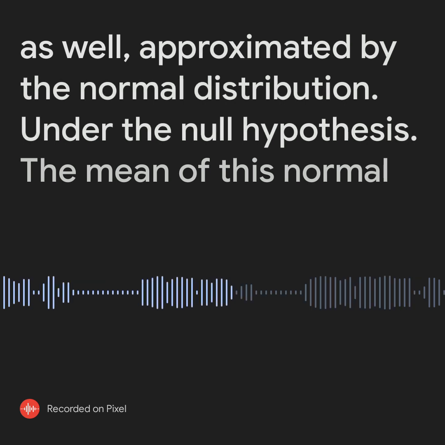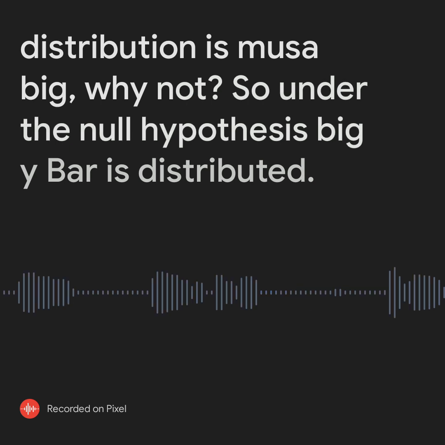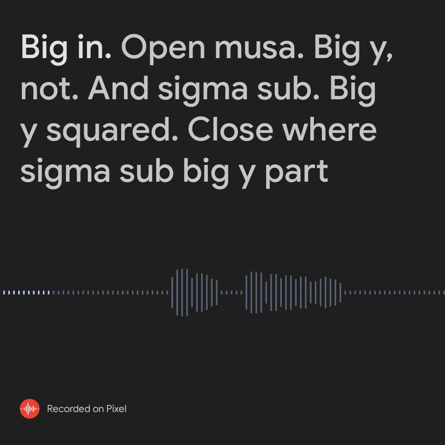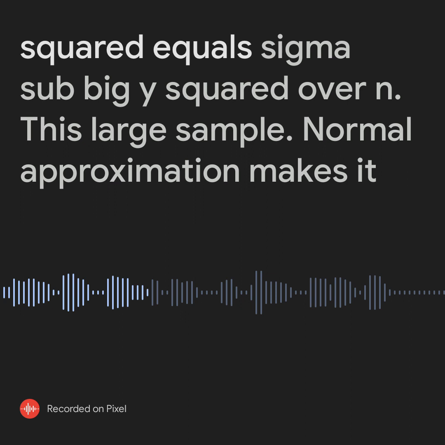Under the null hypothesis, the mean of this normal distribution is μ_Y,0. So under the null hypothesis, Ȳ is distributed N(μ_Y,0, σ_Ȳ²), where σ_Ȳ² equals σ_Y² over n.